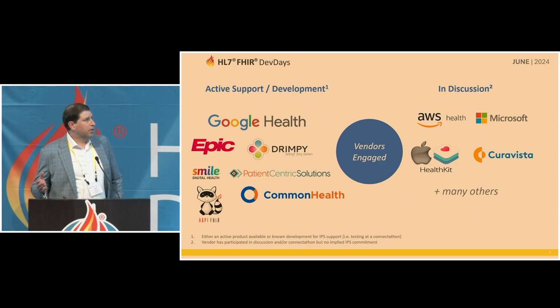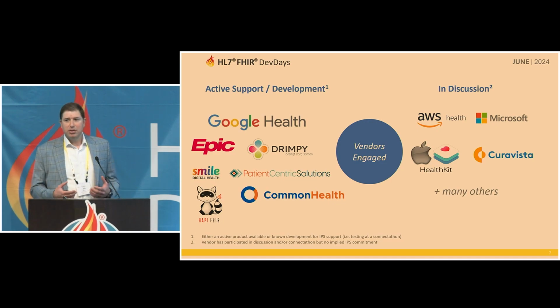So looking at some of the organizations that have helped, there's a ton. We have some companies on the right side that we've been in discussion with, so Microsoft, AWS, HealthKit, and this is all to make sure folks have their data in their hands, right? So if we can get it on their phone, that would be great.